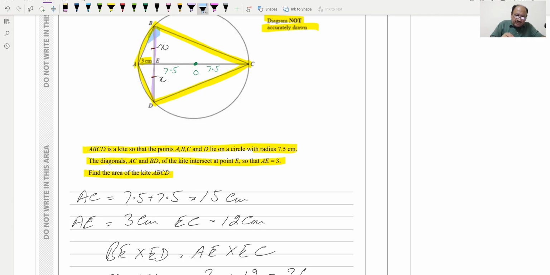Now after getting this x value as 6, we got the height, and we can consider a triangle. Which triangle are we considering? I'm talking about this triangle, and the area of this triangle will be how much? This will be the area of triangle ABC.